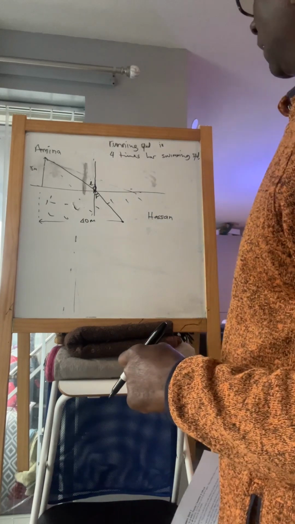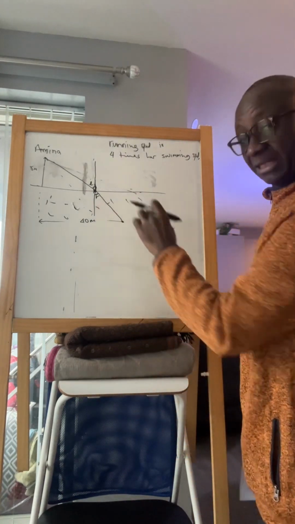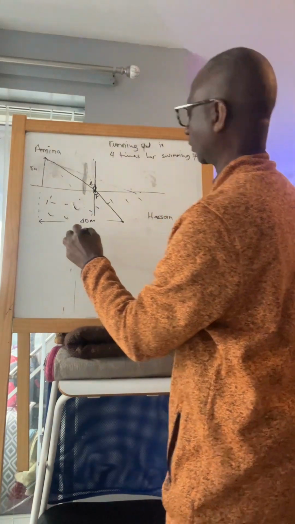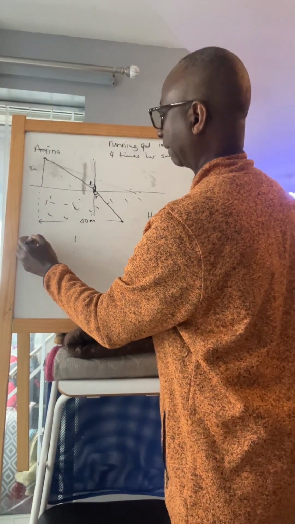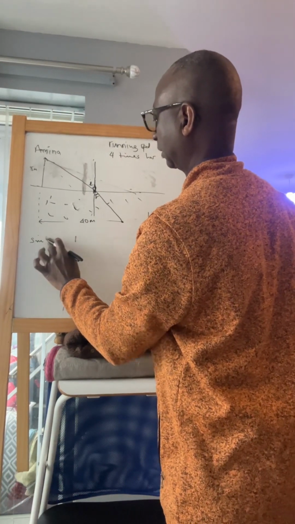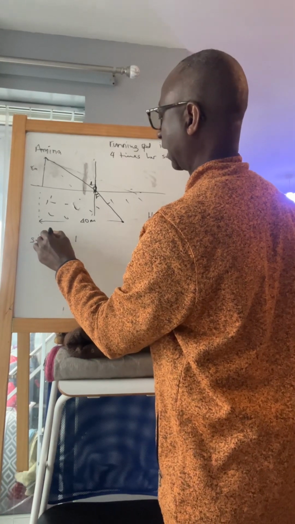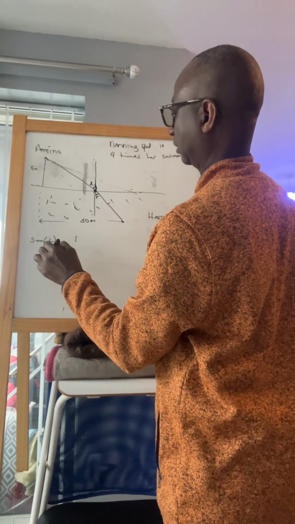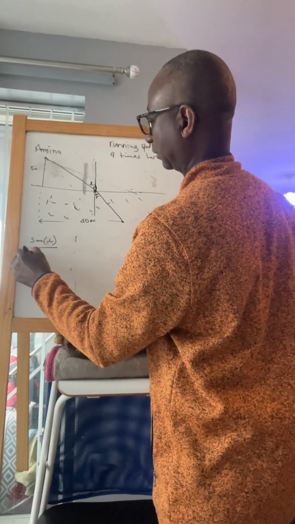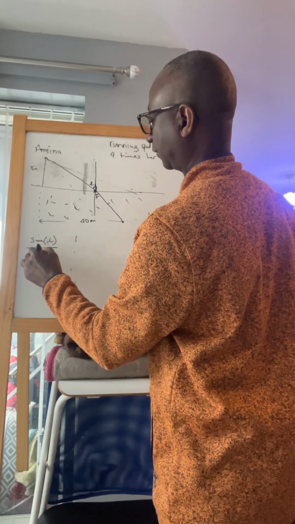So, Snell's law tells us that the sine of I all over sine of R.